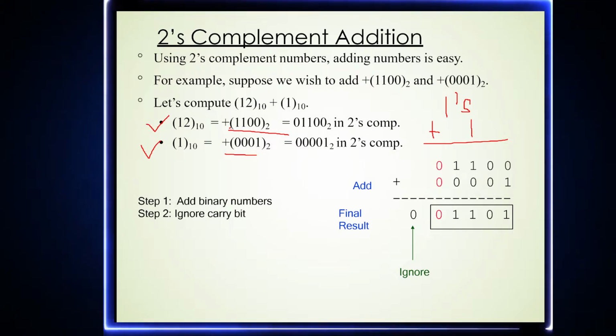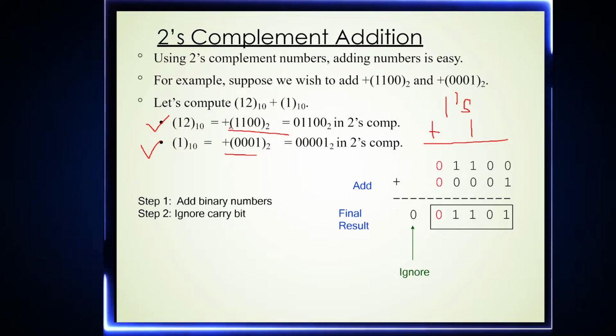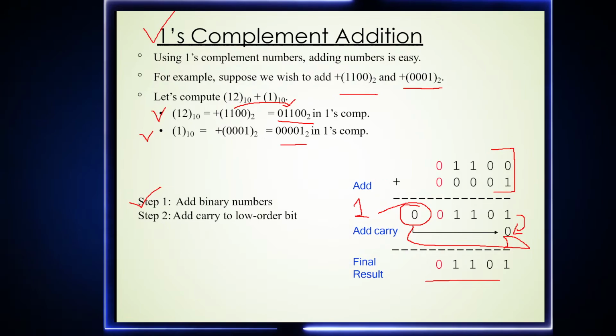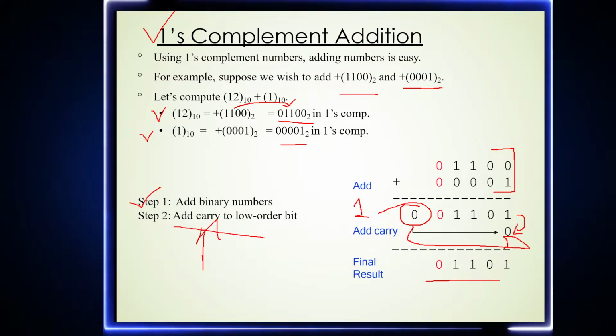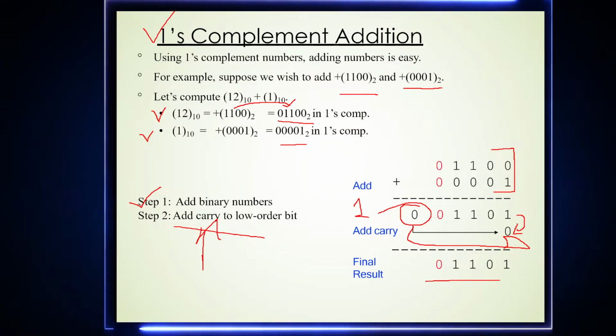Now, in case of 2's complement addition, we ignore the carry bit. But in case of 1's complement addition, we add the carry bit. Right? This is something you have to remember. The examiner can trick you in such questions.